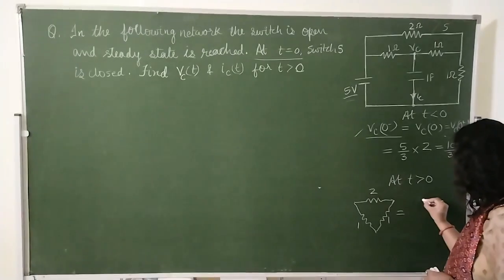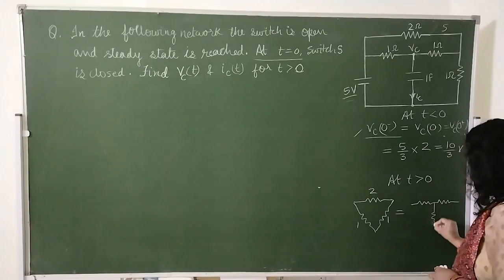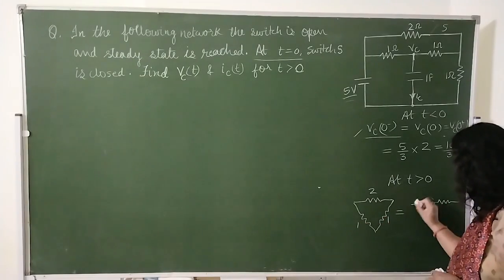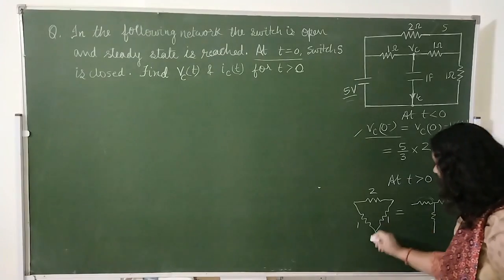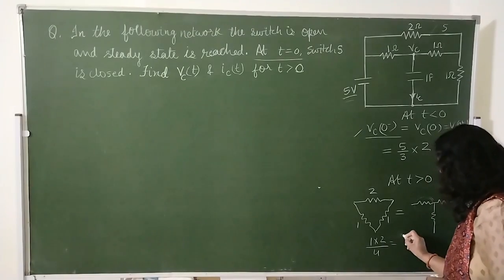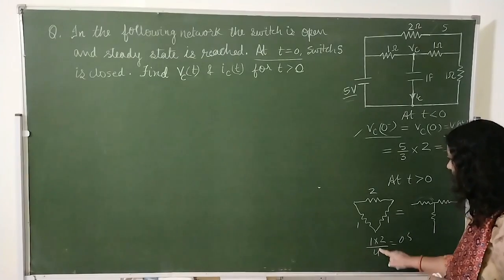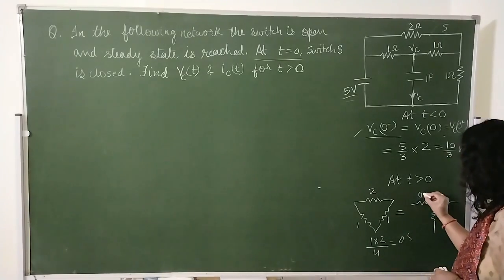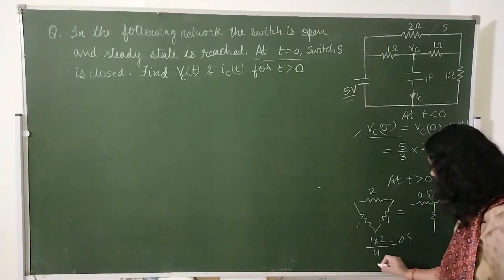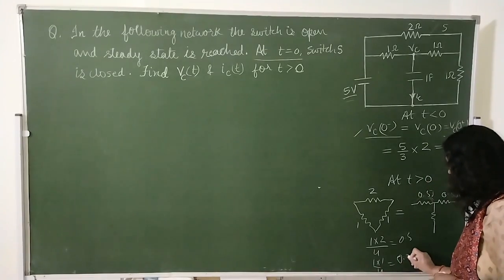Converting this into a star network like this, the way to convert is: one branch of the star is 1 into 2 divided by the sum of all, that is 0.5. Again 1 and 2 divided by the sum, that is again 0.5 ohm. And the third is 1 into 1 divided by 4, and that is 0.25.